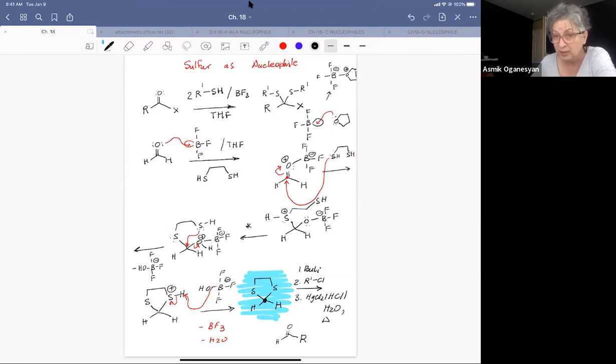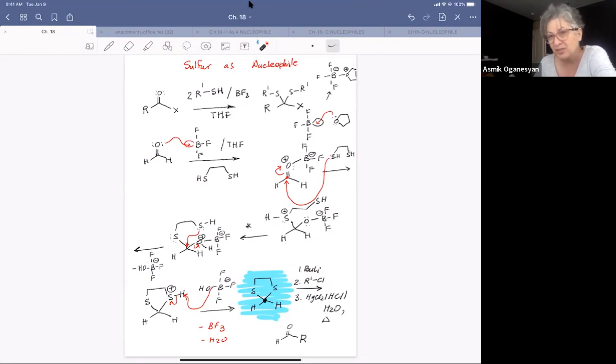But if we wanted a ketone, then after step 2, we would add another equivalent of butyllithium, another alkyl halide, and then complete the reaction with removal of the dithiane cap. So this is a very good reaction for proceeding towards new compounds.